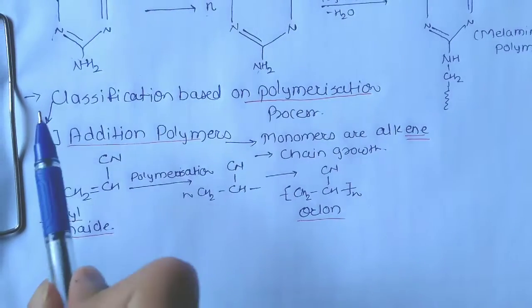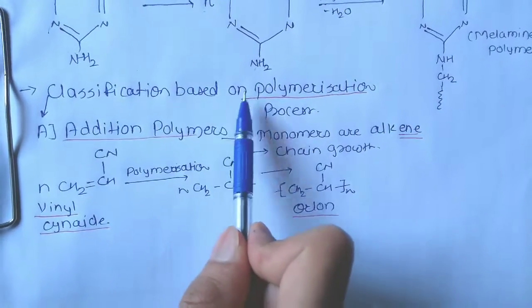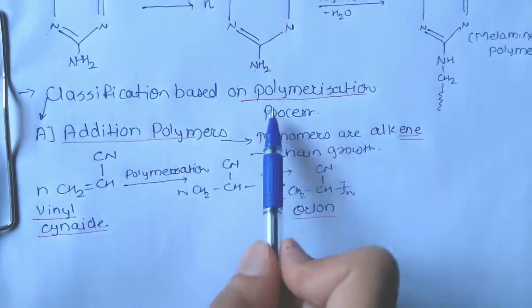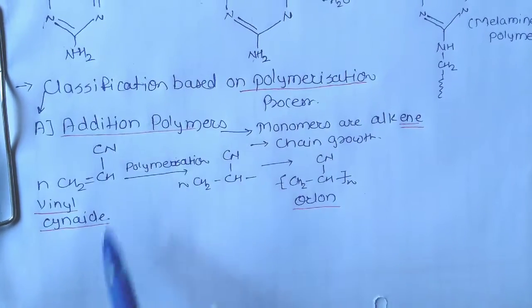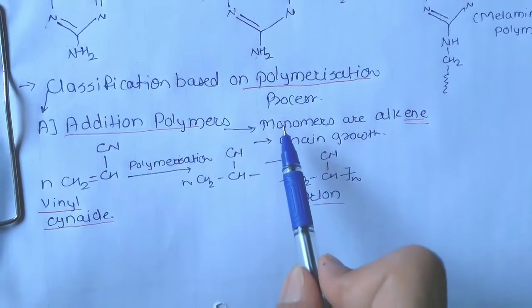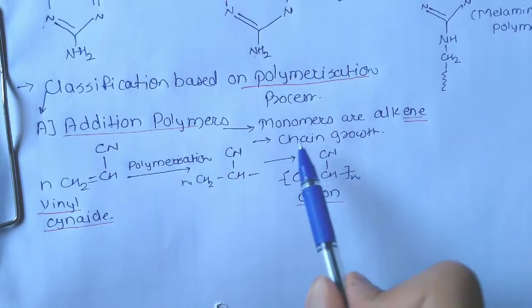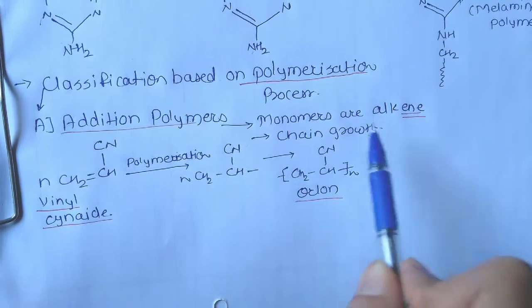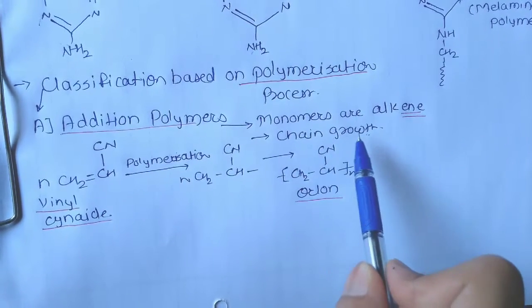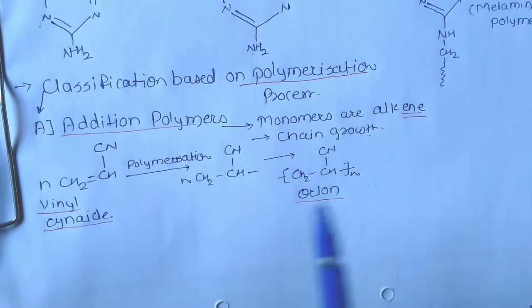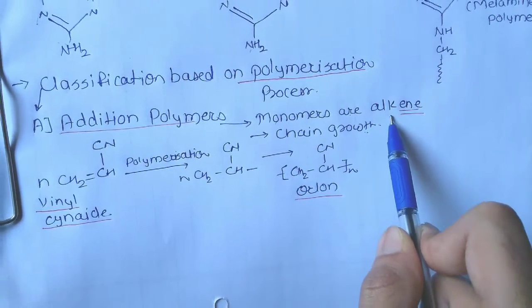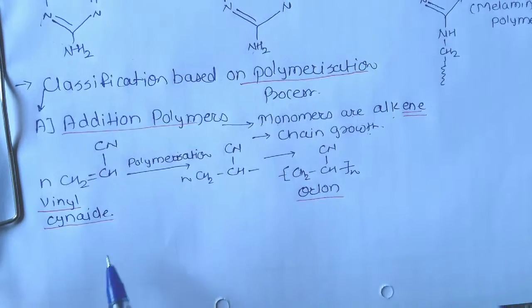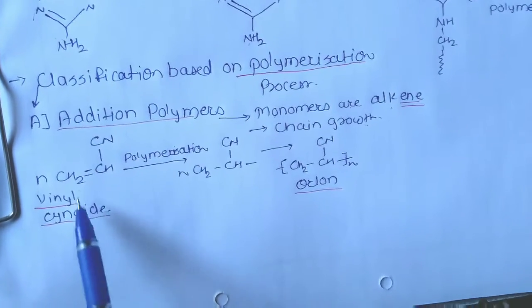Now we will see classification based on polymerization process. First is addition polymer. Addition polymers are chain growth polymers, meaning repeat units are added, and monomers are basically alkenes. So now we will see a reaction.